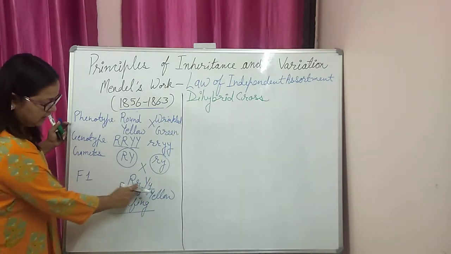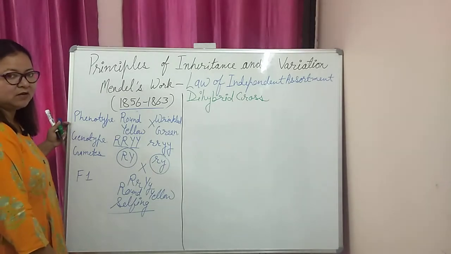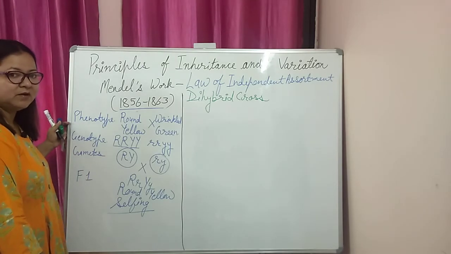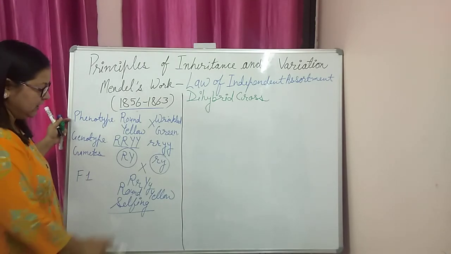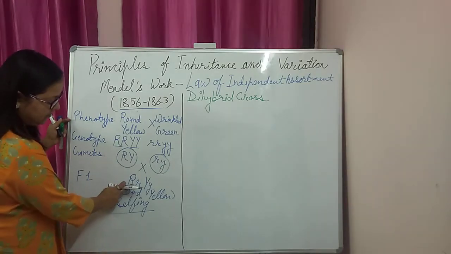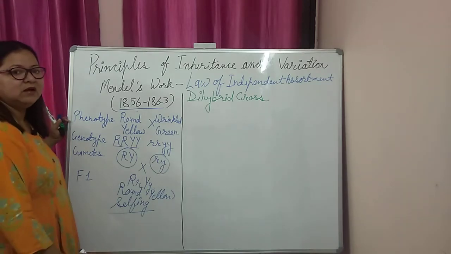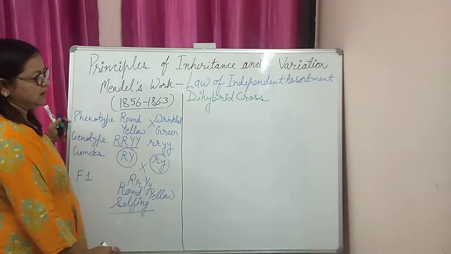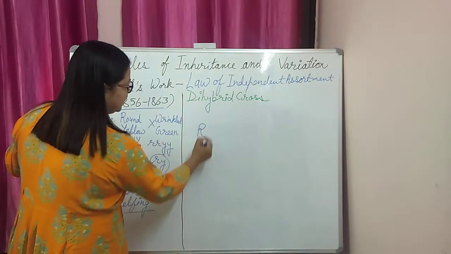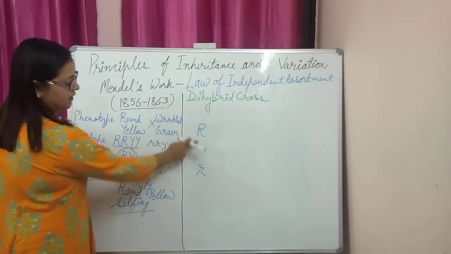So we can form four types of gamete. In this video I am also going to explain first how you can make, in the proper way, the various probabilities of gamete. Here we have capital R, small r, capital Y, small y. So what will be the probability of gametes having different genotypes? You can write capital R and small r, which are two different things, like this.